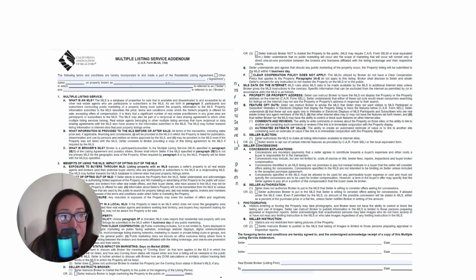So by default, that begin date is when the property should be going on market, unless you check that box on the MLSA D2 where you're choosing to market to the public on a separate date, or if they check the box 3 where it's just saying the seller instructs the broker not to market the property to the public.